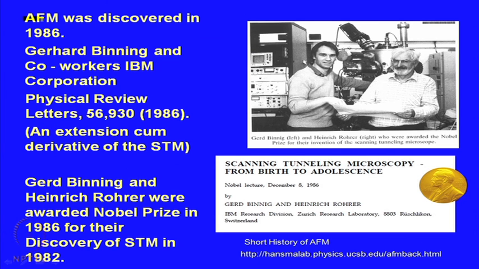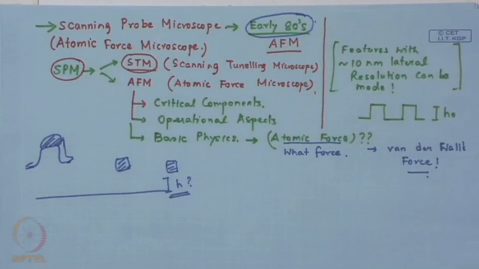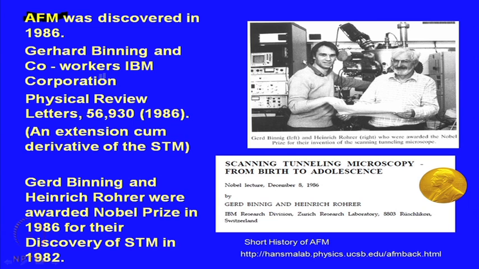So AFM was discovered, as I already pointed out, in the early 80s. AFM was discovered in 1986 by Gerd Binnig and co-workers at IBM Corporation. If you have access to PRL, Physical Review Letters, this 1986 paper contains the details about AFM. It is essentially an extension and derivation of the STM.